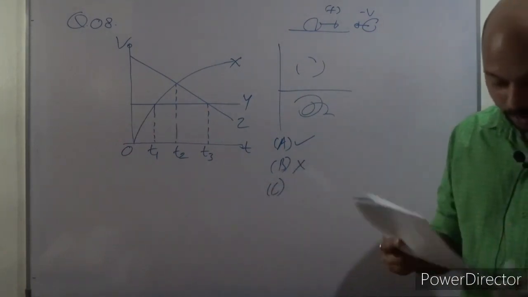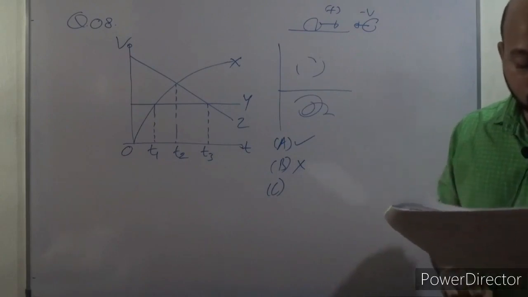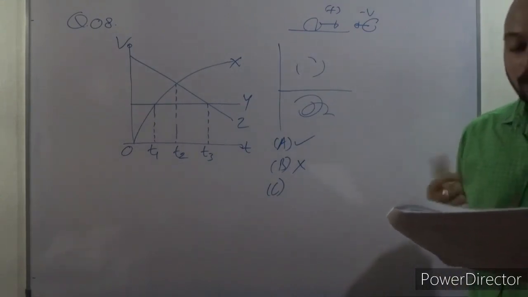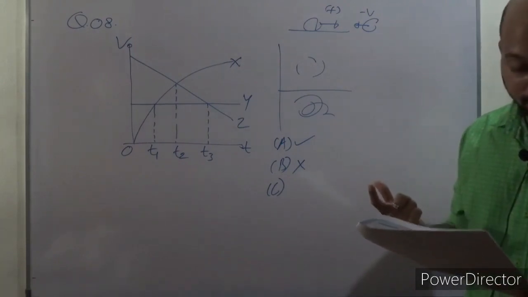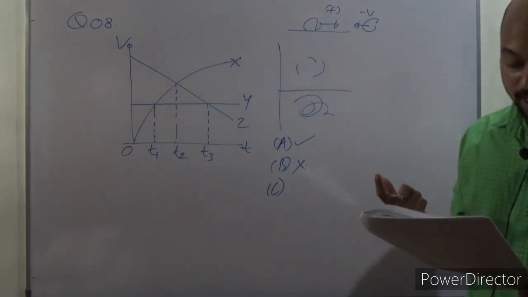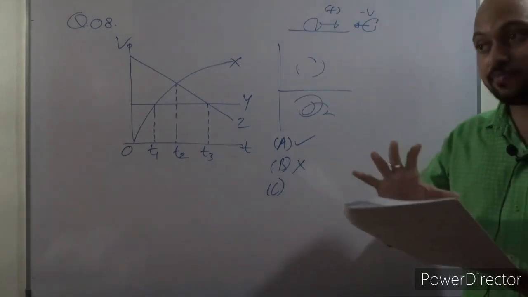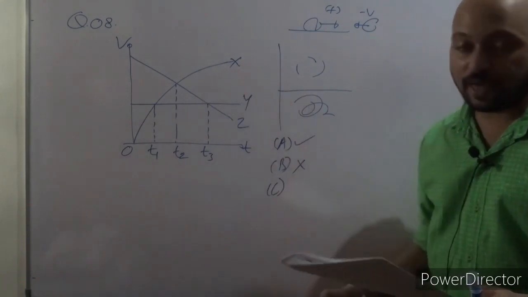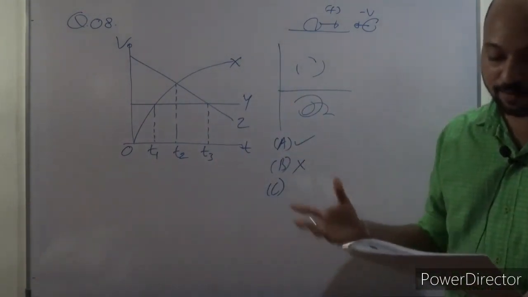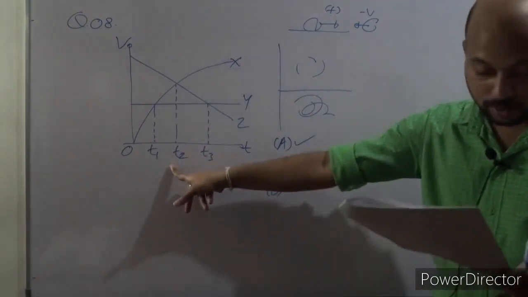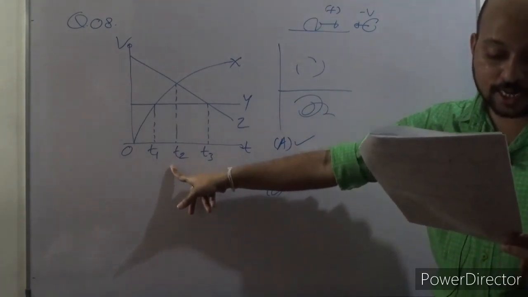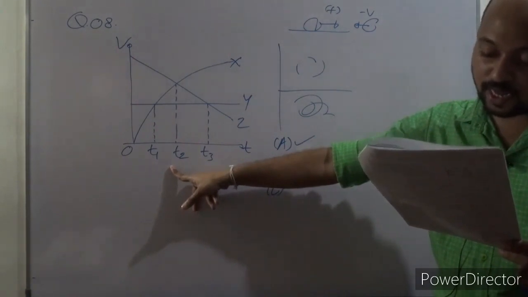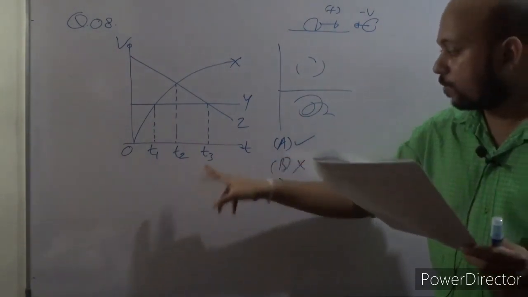C, at time t2 car Z is ahead of the other cars. Here also it is based on displacement. We can get an idea about the final displacement of each vehicle, but we cannot say that at time t2 car Z is ahead of the others.